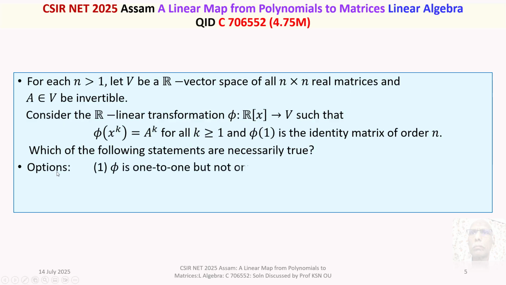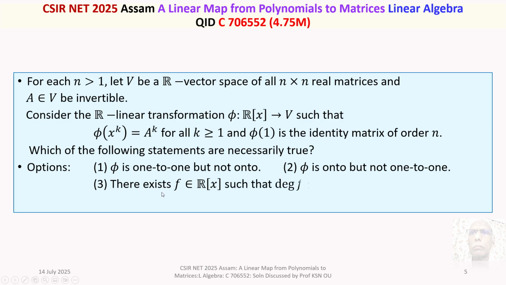We are given 4 options. Option 1, phi is 1 to 1 but not onto. Option 2, phi is onto but not 1 to 1. Option 3, there exists a polynomial f belonging to R[x] such that the degree of f is less than or equal to n and the kernel of phi is equal to the set of products fg where g belongs to R[x].